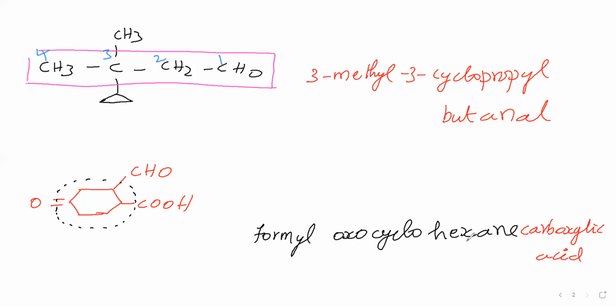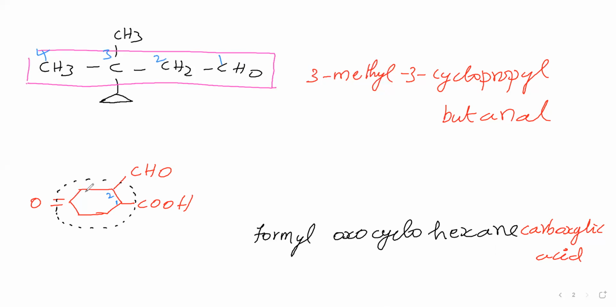Next, we have to give numbering. How to give numbering? The carbon attached to the carboxylic group should get the least position. So we give number 1 here. Then number 2 for the aldehyde-attached carbon, because aldehyde gets higher priority than ketone.